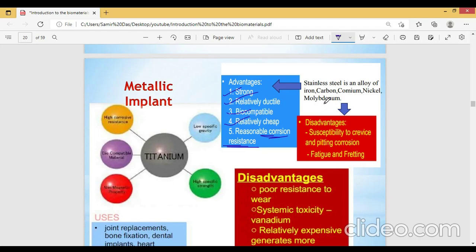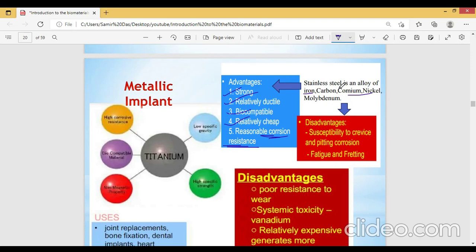So basically, stainless steel based alloy. Stainless steel is an alloy of iron, carbon, chromium, nickel, and molybdenum. Chromium, nickel, and molybdenum give the corrosion resistance properties in the case of stainless steel.